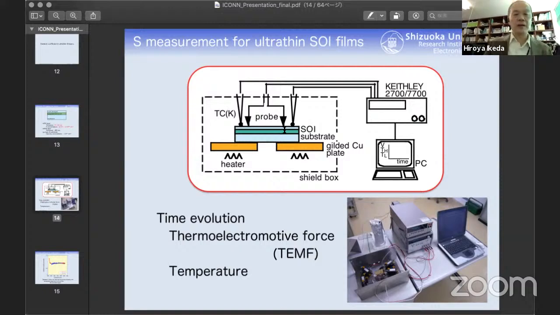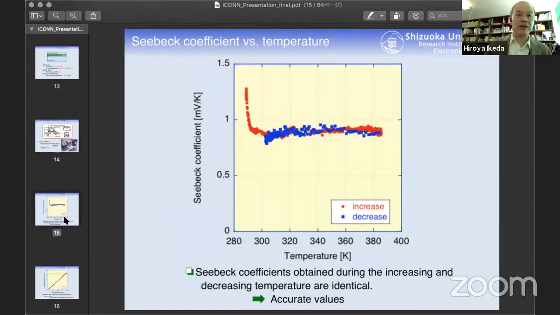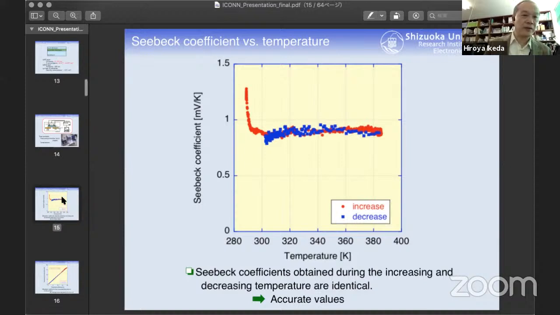This is typical data of the Seebeck coefficient as a function of average temperature. Increase means the data obtained during temperature increase, and decrease is the reverse. You can see that the Seebeck coefficients obtained during increasing and decreasing temperature are identical like this, so our measurement is valid and accurate.